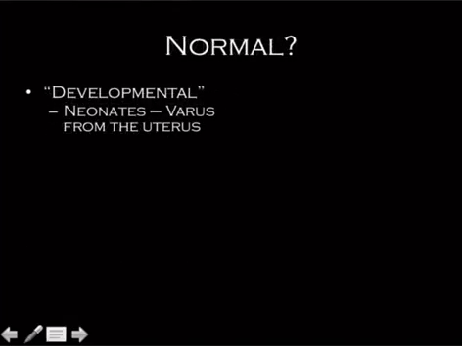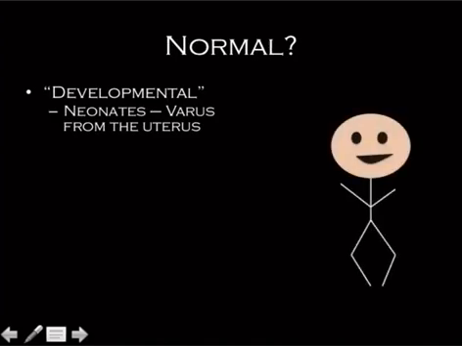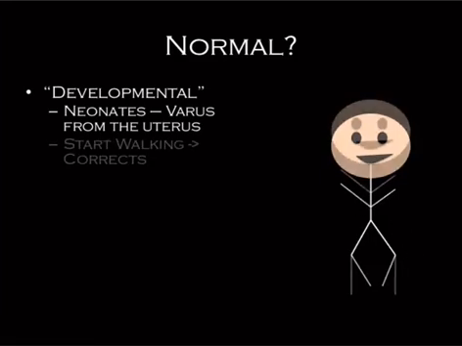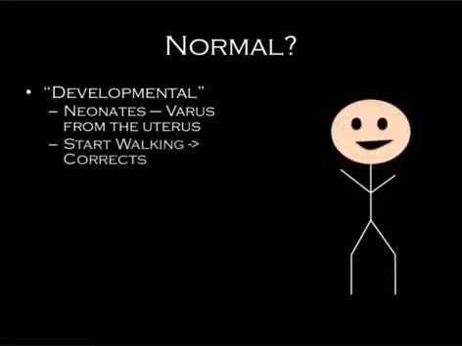When is it normal? When you're first born, coming out of the uterus, you're sort of cramped in there, right? So you've got a varus deformity. If you ever see a newborn baby, they sort of sit like that. And then they start walking, and then it corrects.